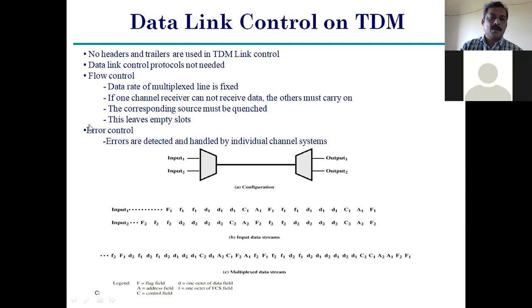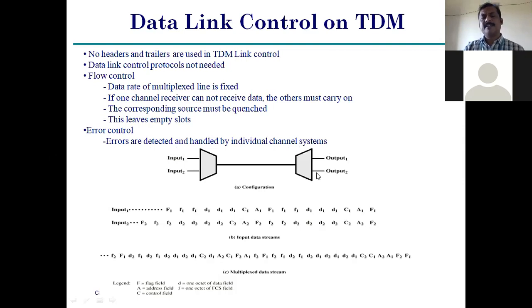So here, error control: there is a different topic for error control and error checking. Error detection and correction, also known as error correction, error detection techniques. Here errors are detected and handled by individual channel system.